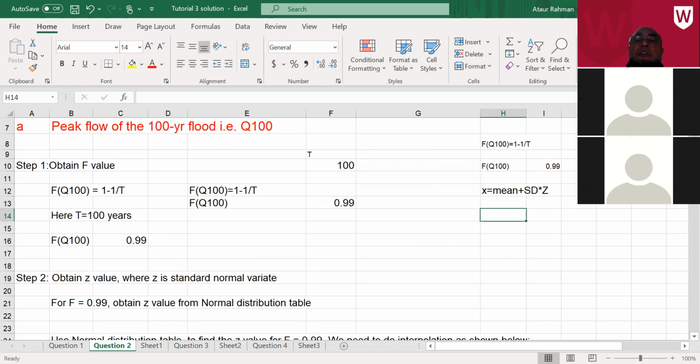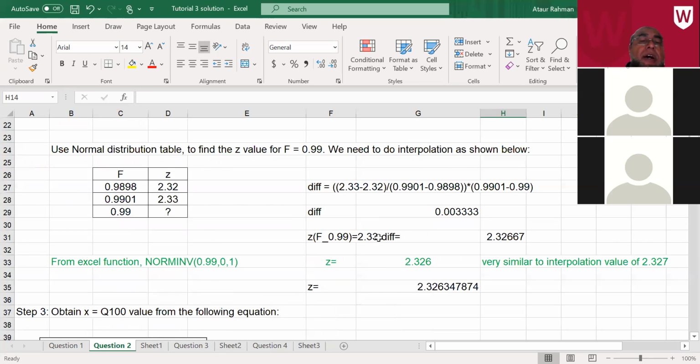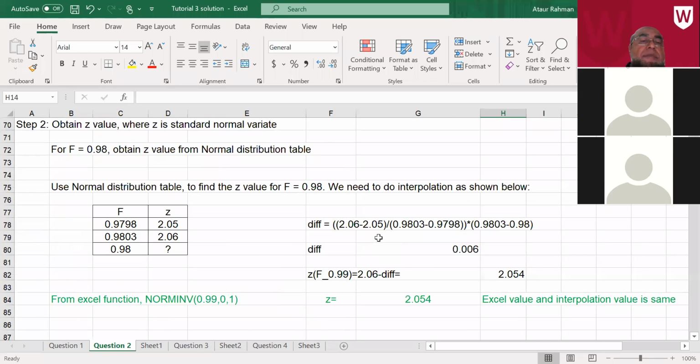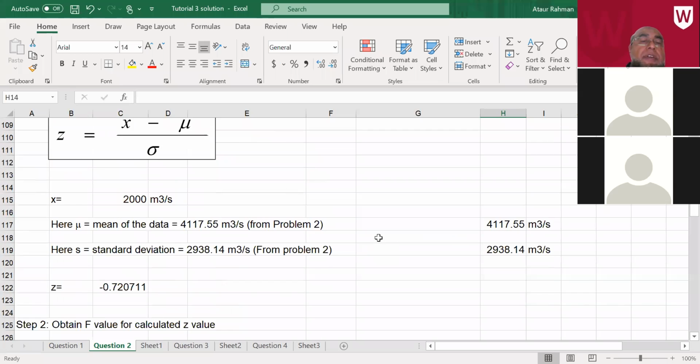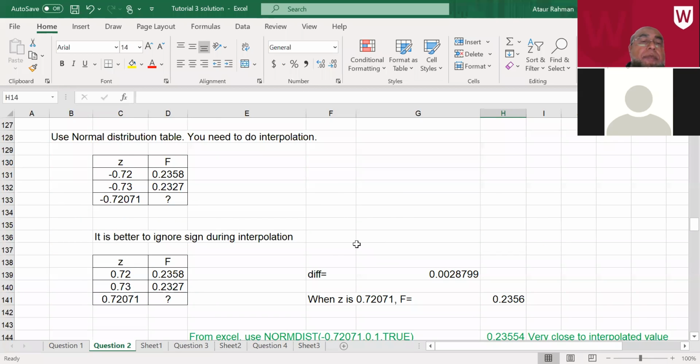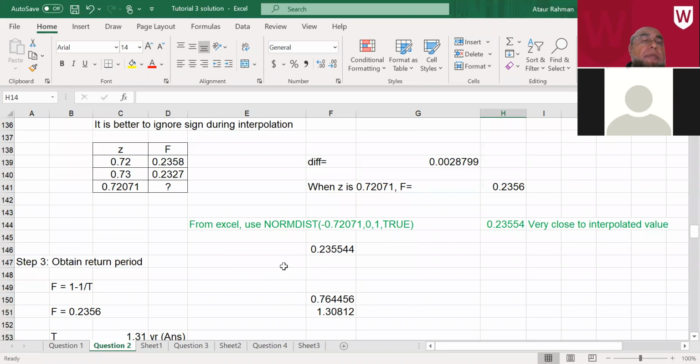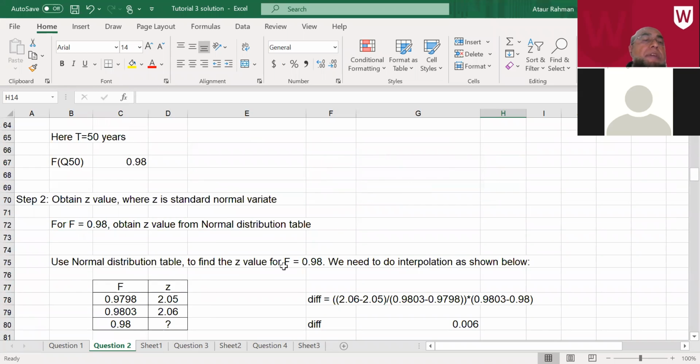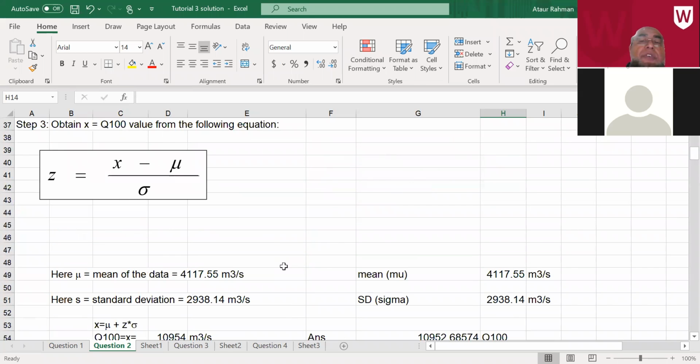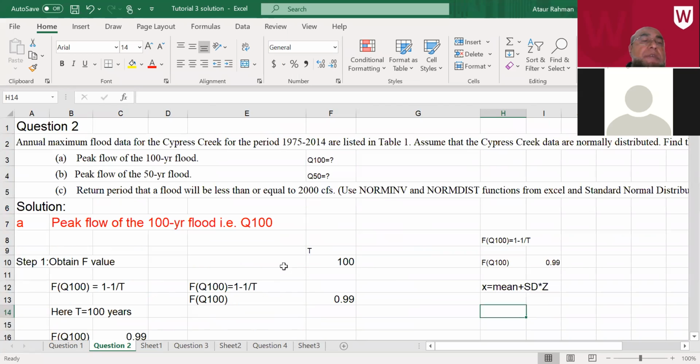So we can find out the mean of the data and standard deviation of the data basically by using Excel. So let me find the data, and then we can find the mean and standard deviation. So data should be somewhere here.